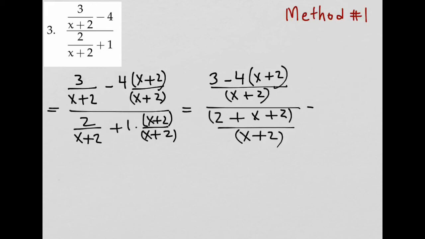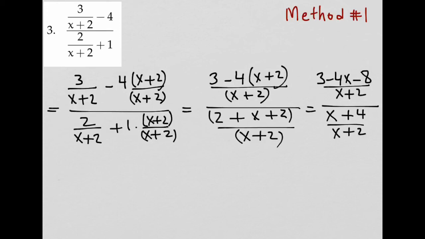That's equal to, let's simplify, 3 minus 4x minus 8 over x plus 2 divided by x plus 4 over x plus 2. One more step before we turn the problem into a division problem. That is minus 4x minus 5.